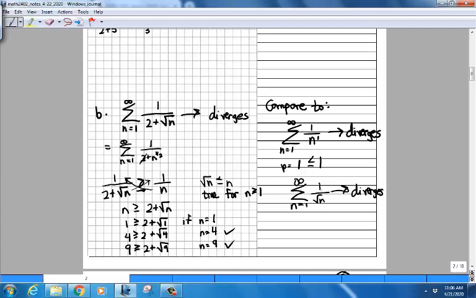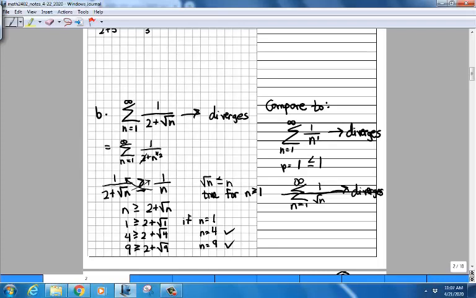This series also diverges because this is a p series where the power is 1/2, which is less than or equal to 1. No, I take that back. This would not have been a good comparison series. It looks like it, but it wouldn't have been a good comparison series because of the relationship between the size of the terms. So never mind what I just said. I think my first choice for comparison was correct.